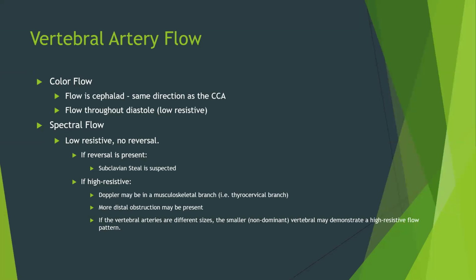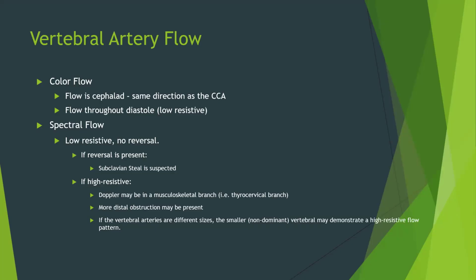Another way to show it, sometimes a little bit harder, is when we get the vertebral artery, we can turn down the color gain and turn down the scale of the color, and we can sometimes get that vertebral vein. If we can show that the vertebral artery and the vertebral vein are going in two different directions, that's another way to show that the vertebral artery is going cephalad, towards the head.